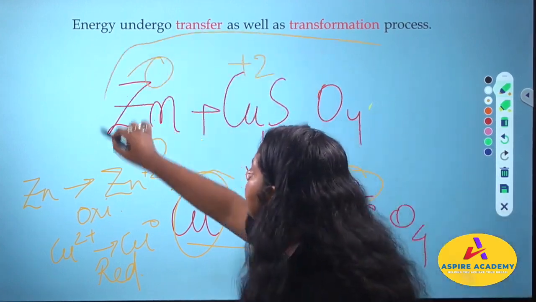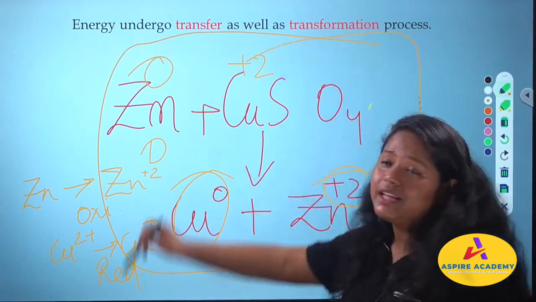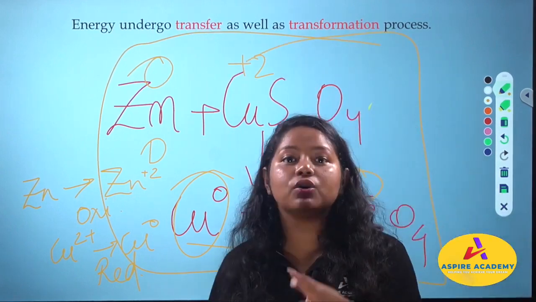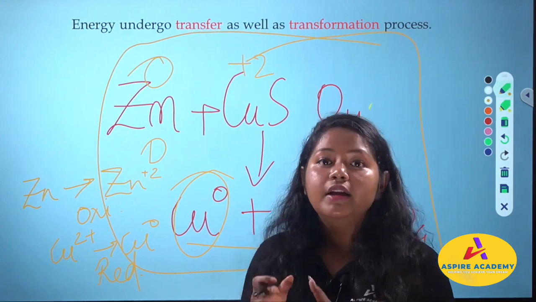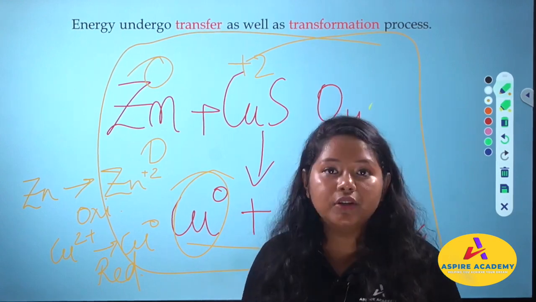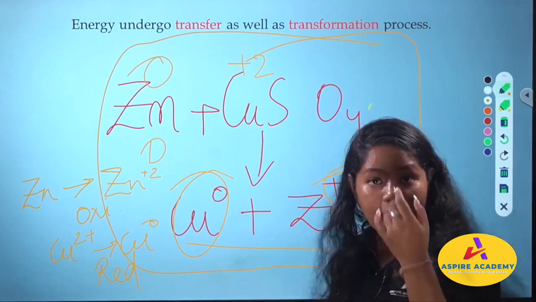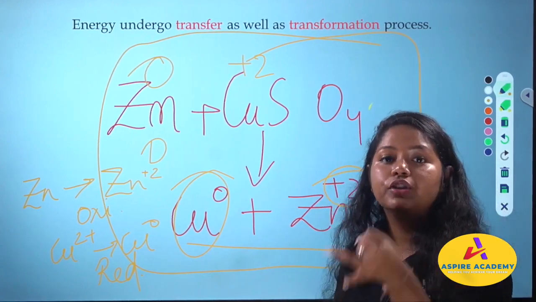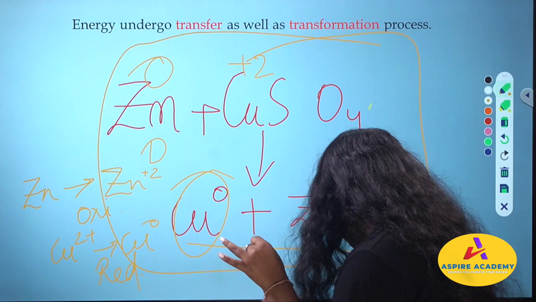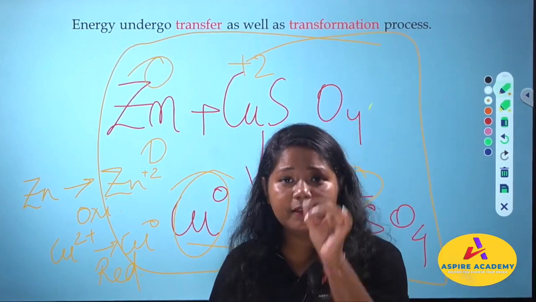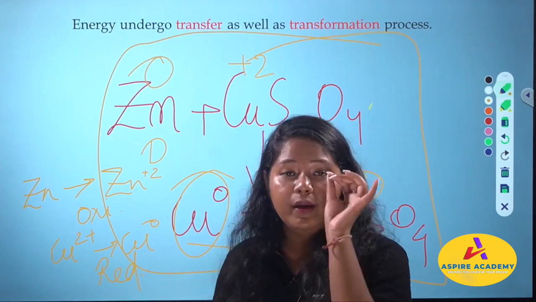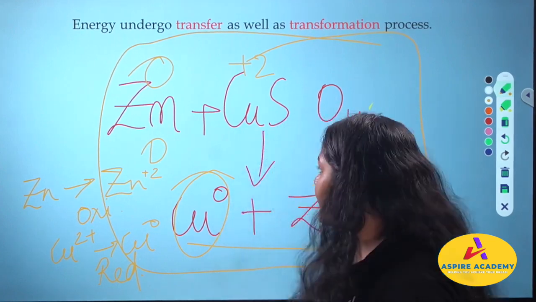So this is basically a redox reaction, and this was the very initial stage of electrochemistry where the scientists came to the terms called anode and cathode. Anode is where oxidation takes place, cathode is where reduction takes place.